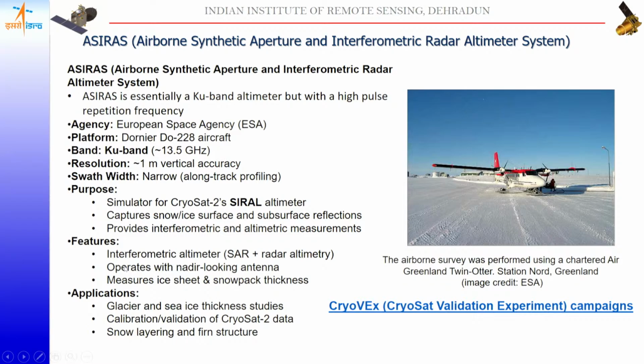Another one is called the Airborne Synthetic Aperture and Interferometric Radar Altimetry System, developed by ISRO. So it is basically an altimeter mission which calculates the height of the terrain using the altimetry technique, using the range information, and it has a vertical resolution of 1 meter.